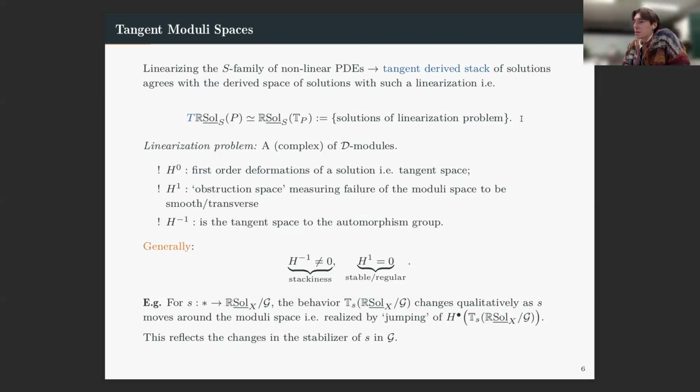So there are some usually accepted interpretations of these spaces that I write here, H^-1 and H^1. And in fact, it reflects the global behavior of, let's say, a space of solutions modulo some gauge action or some group action. And again, as I mentioned, this is really some jumping of the dimensions of these tangent spaces that are built up in your complex at various points. So this means that the stabilizer of a solution by this group action changes.